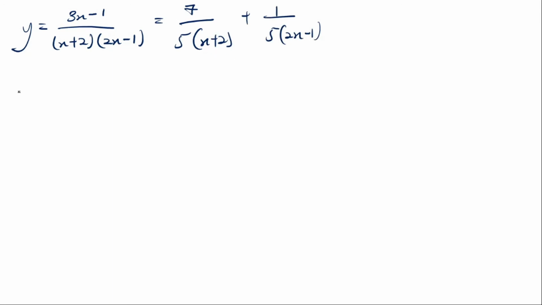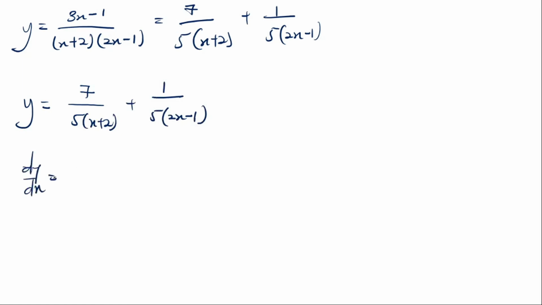So from here it means our y is now equal to this function we have over here, that is 7 over 5(x + 2) plus 1 over 5(2x - 1). So if we are to differentiate this function, our dy/dx now becomes d/dx of this entire function.